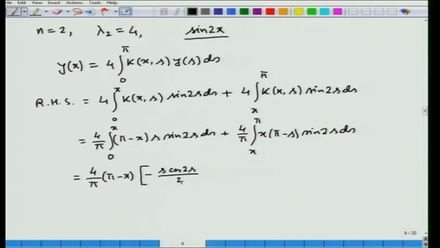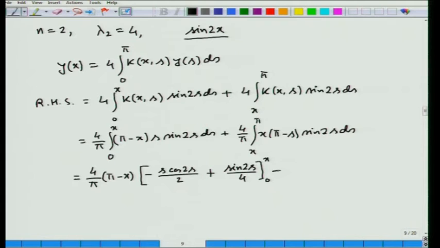So, cos 2s by s, then for the by parts formula you will be having 1 minus, and the integral of sin produces 1 minus. So, this will be plus, and then it will be integral cos 2s by 2. Again integrating we will be having sin 2s divided by 4, and the limit will be from 0 to x.